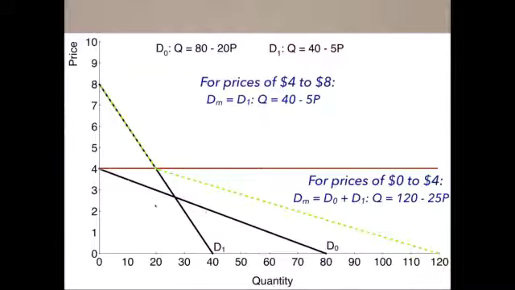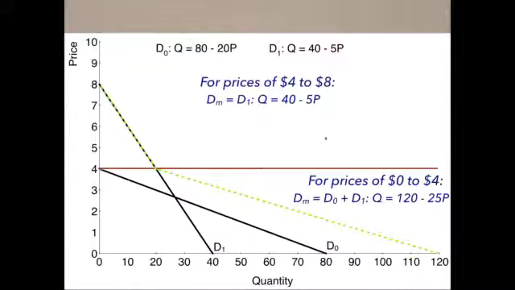So for example, if you were asked to give the market quantity demanded at a price of 2, you would place it in that demand function for that relevant price range. So you would put 2 in here, and you would get 120 minus 50, the 50 coming from 25 multiplied by 2, and the market quantity demanded at a price of 2 would then be equal to 70.